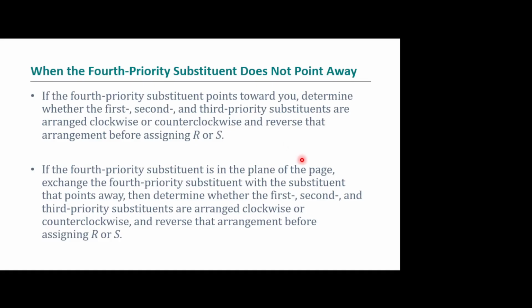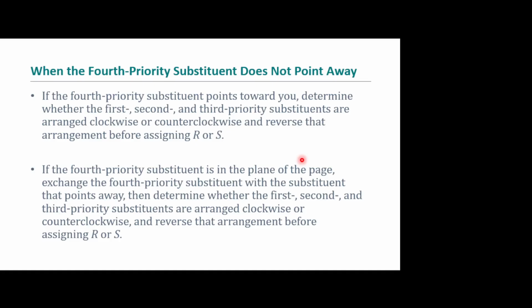If hydrogen's in the plane, that's when you're going to take your structure, erase the one that's away from you, erase the one that's in the plane, and swap them. You having done that swap means you automatically have flipped your chirality.